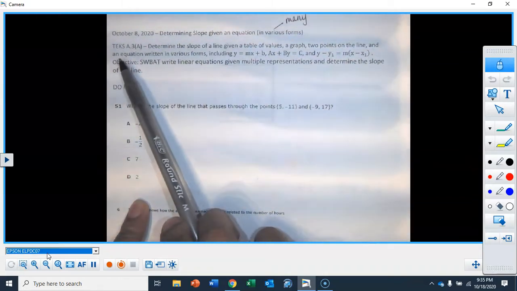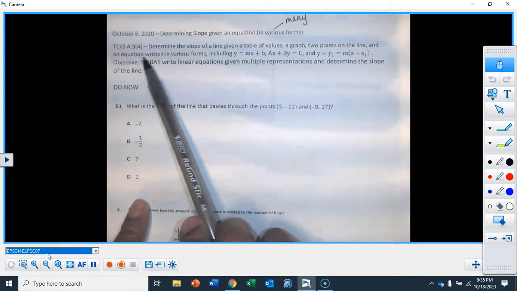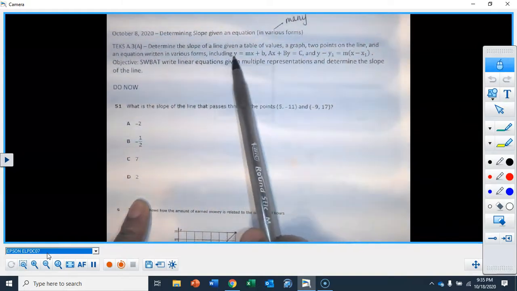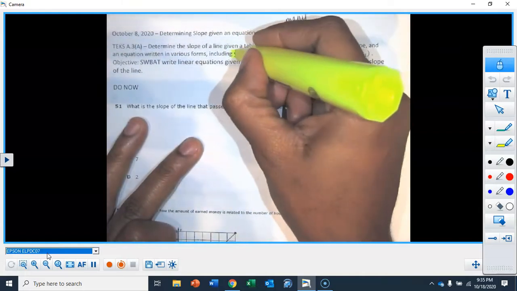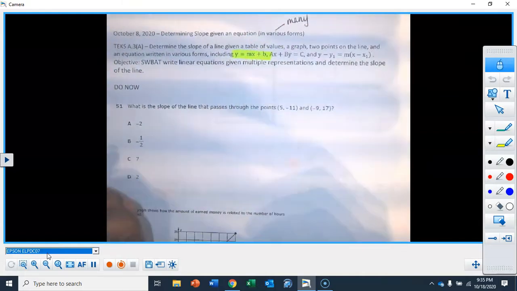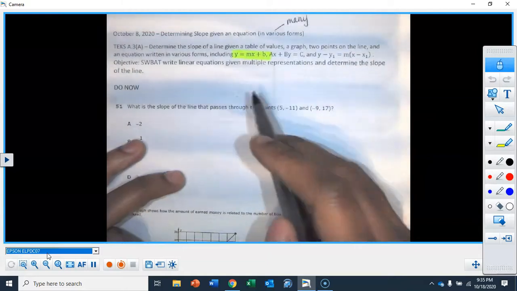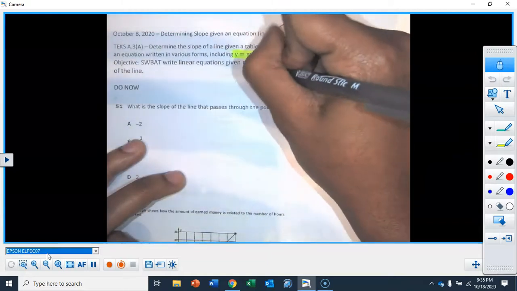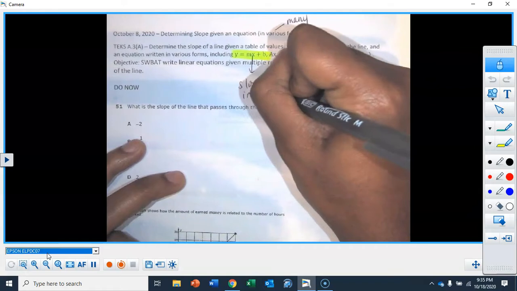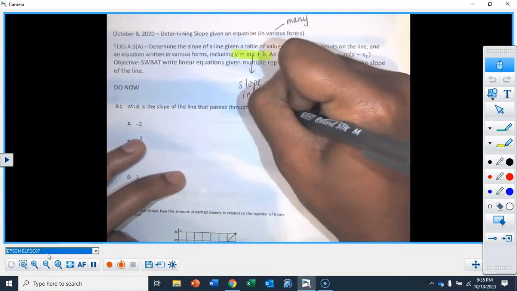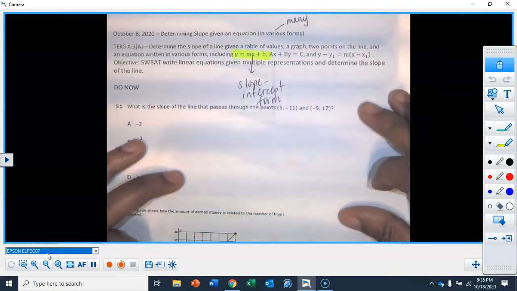Find the slope when you have an equation written in various forms, including y equals mx plus b, and that one is slope-intercept. So highlight this one. And let's write down that if it's in y equals mx plus b, that's the slope-intercept form. I'm going to move through this pretty quick, okay?